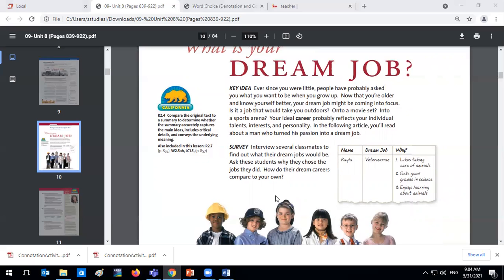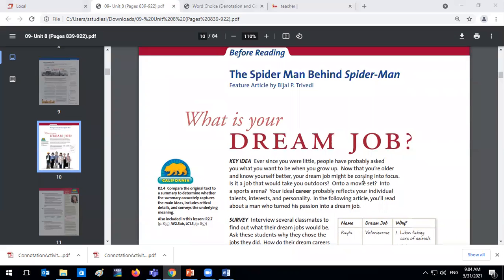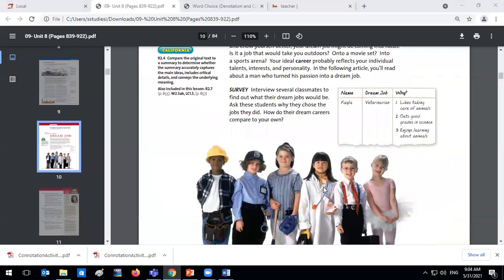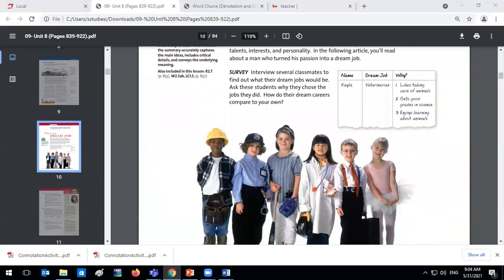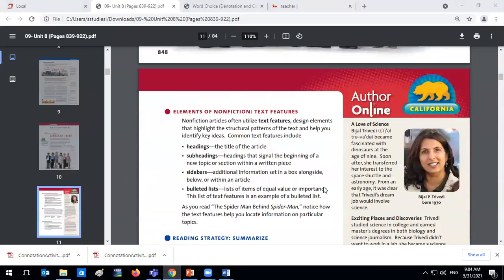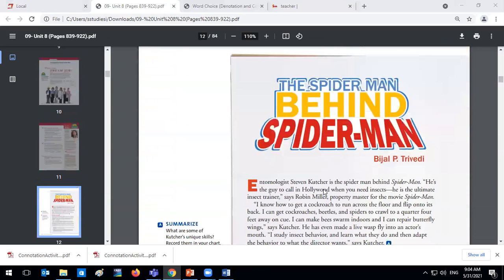I need you to look into that because this is a very important question that you're going to be constructing a written assignment on. So I need you to have an answer for it. And remember, your career is usually a reflection of your talents and your interests and even your personality.